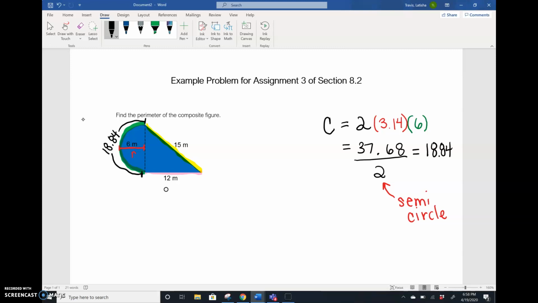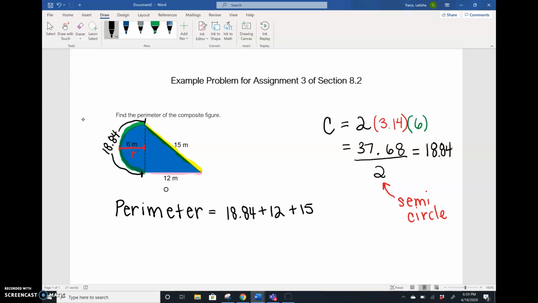So the last thing we have to do is take our 3 dimensions and add them all together to get the total perimeter of this composite figure. So the perimeter is going to equal, let me write perimeter here, the 18 and 84/100ths plus the 12 plus the 15.